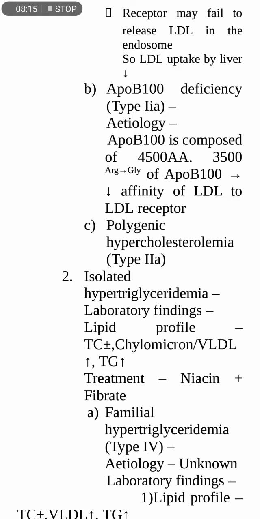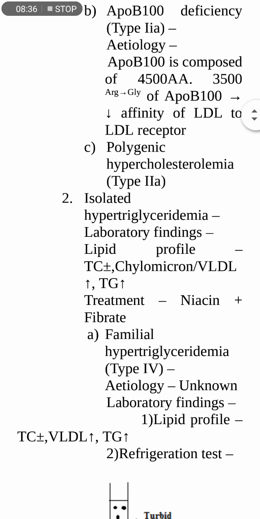That means the only blood finding in the lipid profile is increased TG, increased VLDL or chylomicron, but the total cholesterol remains within the normal reference range. Treatment is niacin plus fibrates.